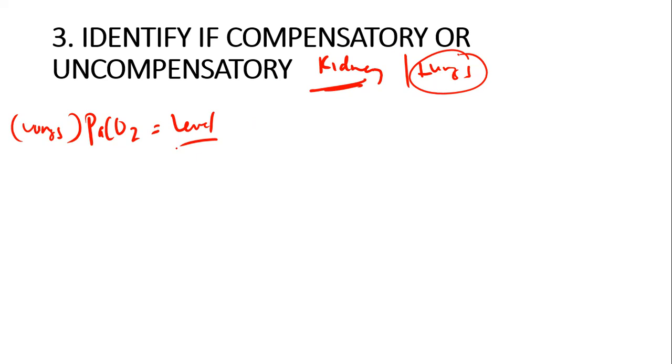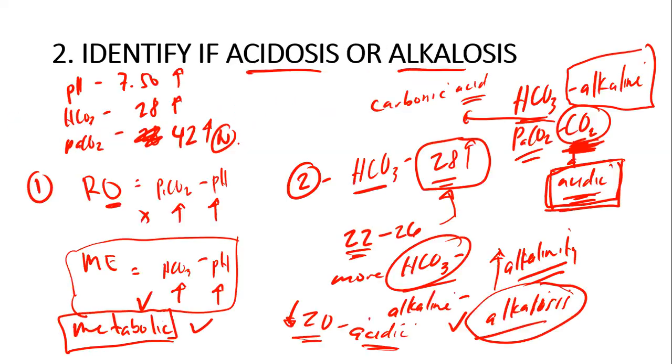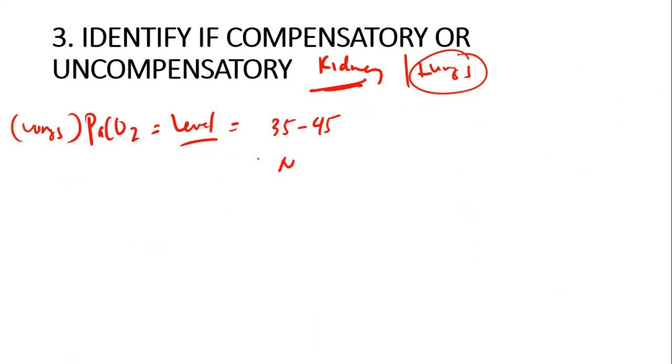Okay, so your PaCO2 normal value is 35 to 45. The result that we have is 42, which is normal. So that is 42, it is normal.